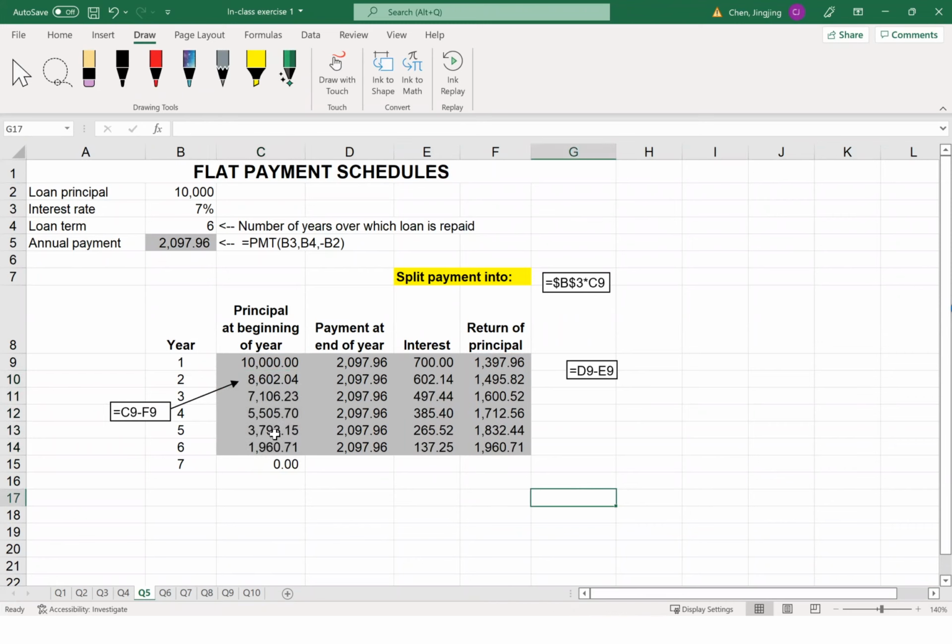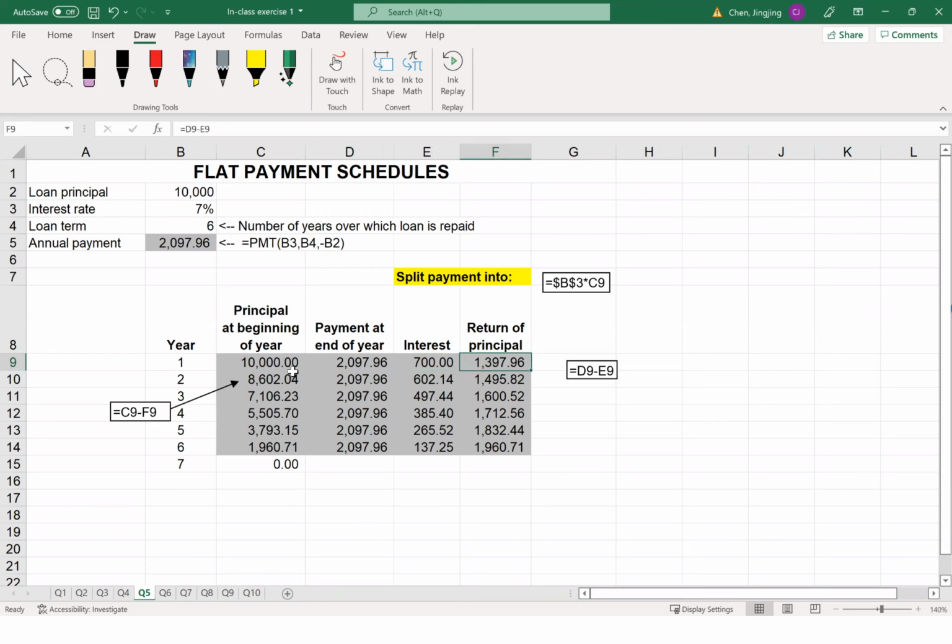Okay, so now we finished this part and I just want to wrap it up. What we are doing here is we have a principal at the beginning of the year, and then the fixed payment we calculated that we'll pay at the end of the year. And this is the principal. So the return of principal is actually the payment we pay at the end of the year, subtracting the interest, because the principal will require this interest payment.